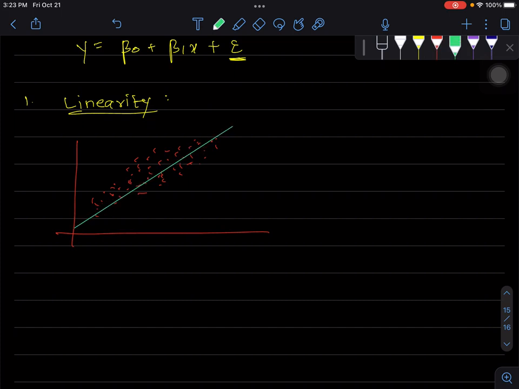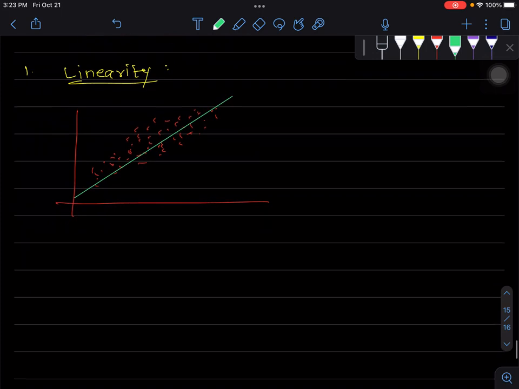So that is why when we do the linear regression, we plot the data first to see if there is linearity in the data.